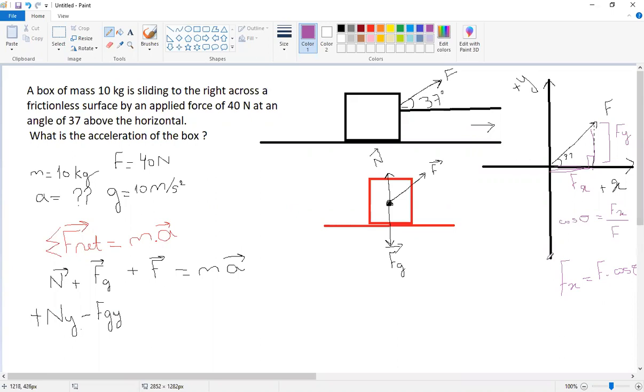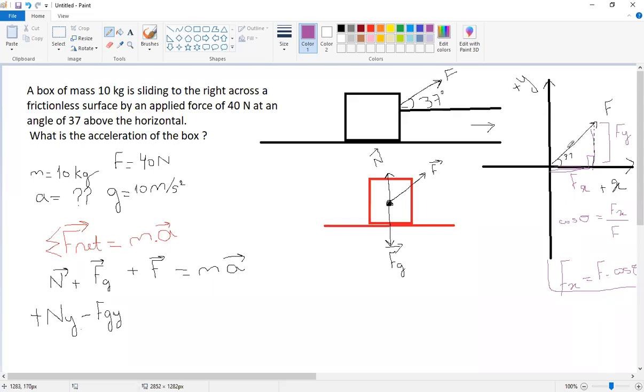Now, this is Fx. If I want Fy, I do the same thing by using the sine theta rule. Sine theta is the opposite side over the hypotenuse. And also you can find it in the video I talked about.